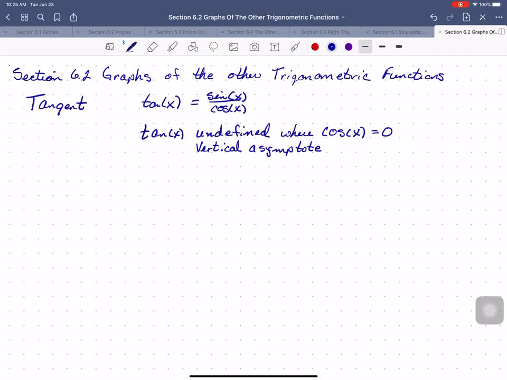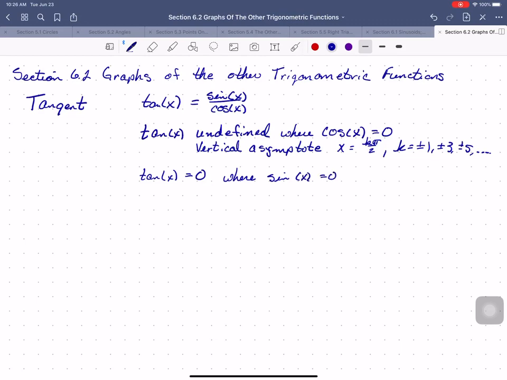So we're going to have vertical asymptotes wherever x equals k pi over 2, where k equals positive and negative 1, 3, 5, and so on. And based just on the way that tangent is defined, we should also expect to see the tangent of x equal 0 where the sine function equals 0.